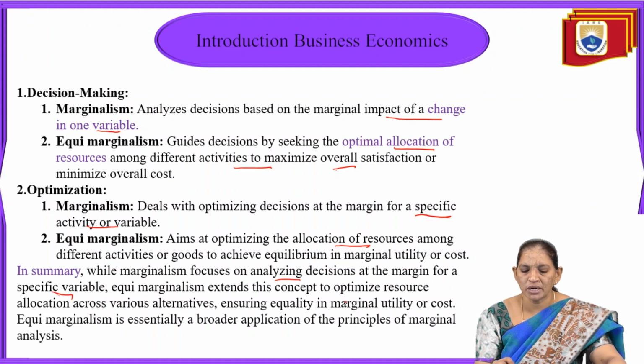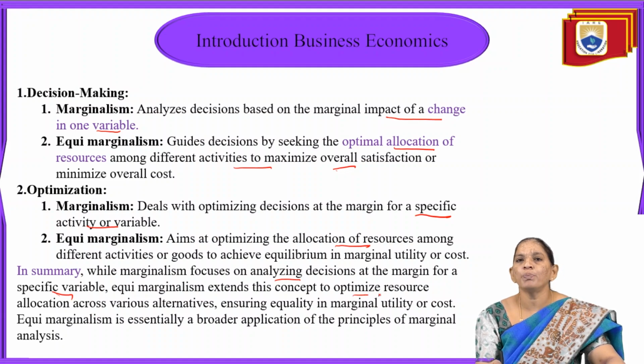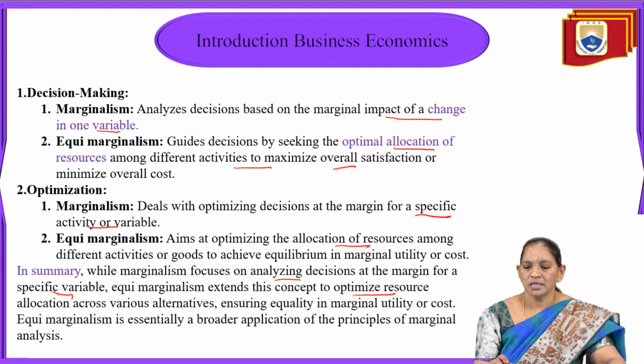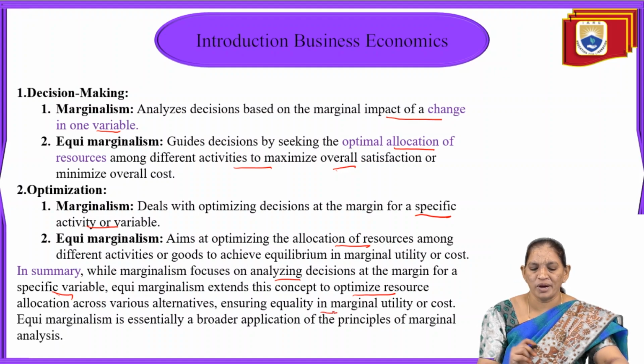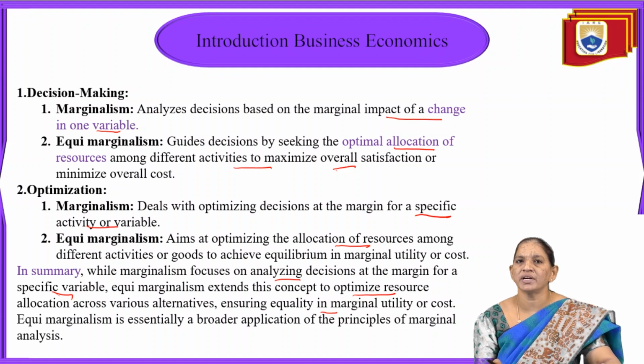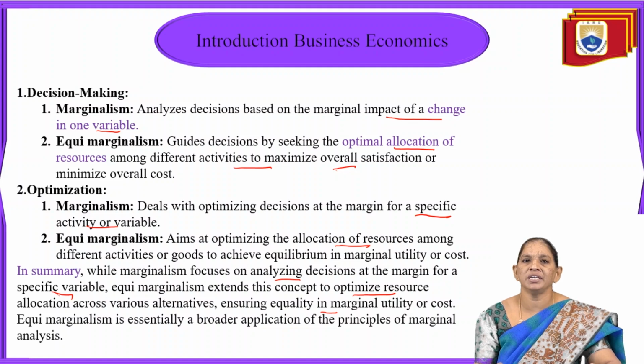So equi-marginalism goes for optimum utilization of resources where they are utilized in different alternative decision making, and such optimization of resources in different alternatives will ensure equal distribution of marginal utility, where we can say minimization of the cost and maximum satisfaction or utility will be derived.